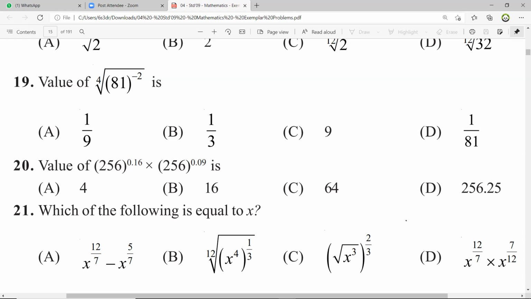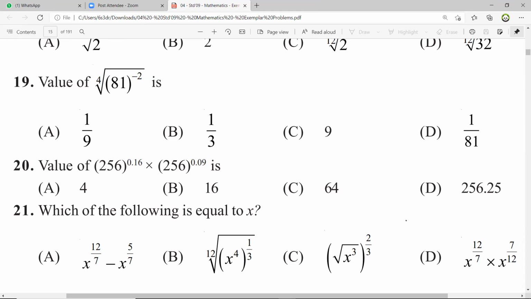Ma'am, I don't understand the question. Okay, so the question says which of the following expressions is equal to x? So that means when you solve each of these options, which of them after solving is going to give you x? The answer will be x after solving.